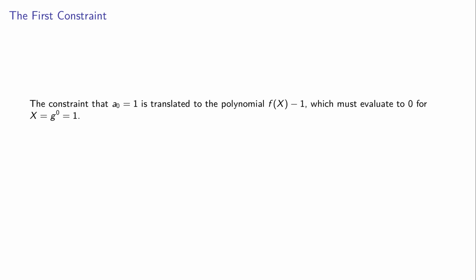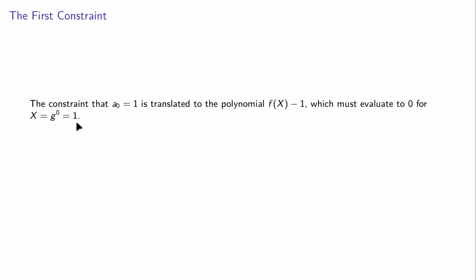Now what happens is the following. So the constraint that we had, that a0 equals 1, will be translated to the following condition. It means that f of x minus 1 should evaluate to 0 when we substitute x equals g to the power 0, which is equal to 1.